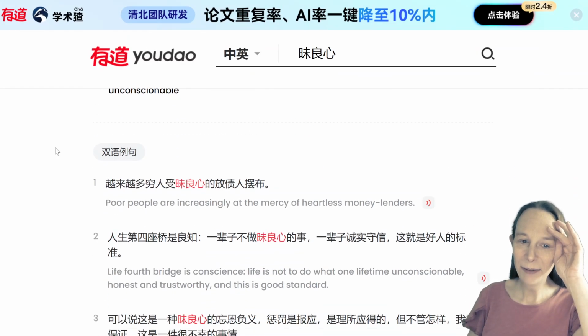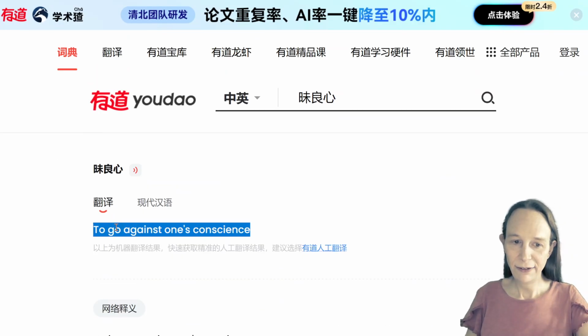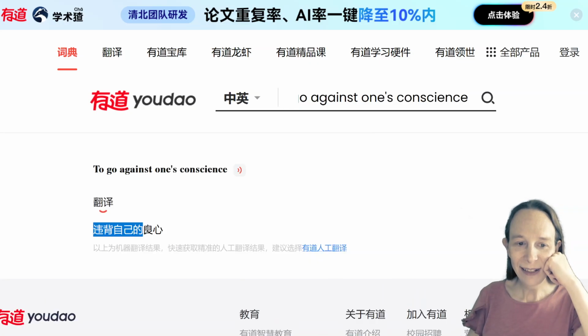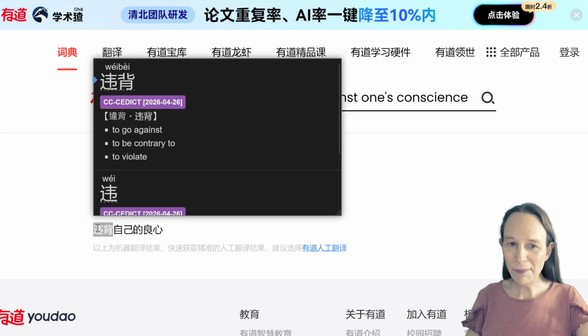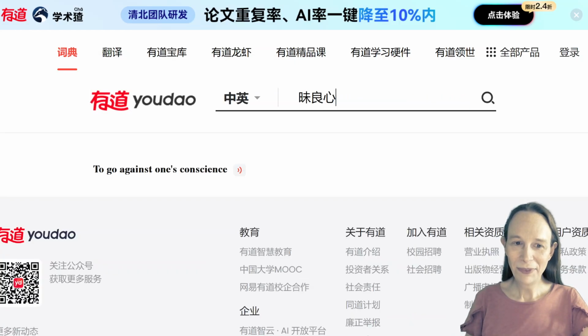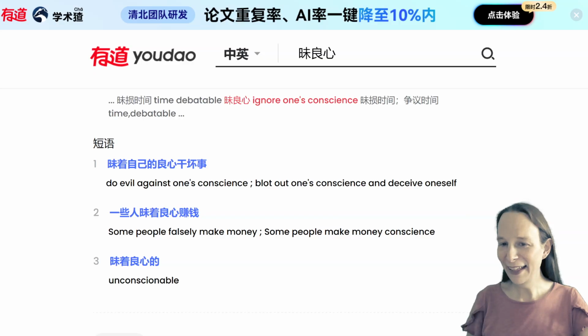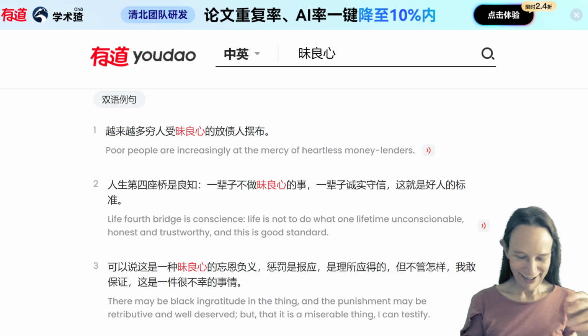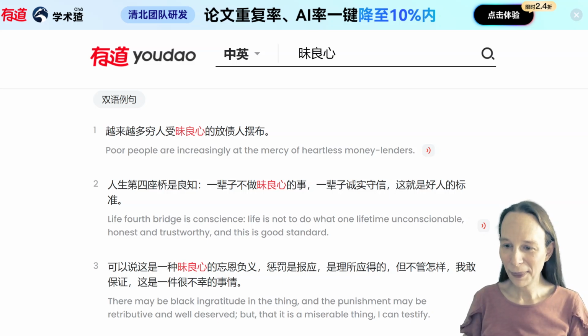Is there not a better way to say this? What if I just copy paste that in here and see what comes up? 违背自己的良心. Yeah, 违背. That's a better one. To go against one's conscience. Or maybe I should say that's a more standard, more familiar way.